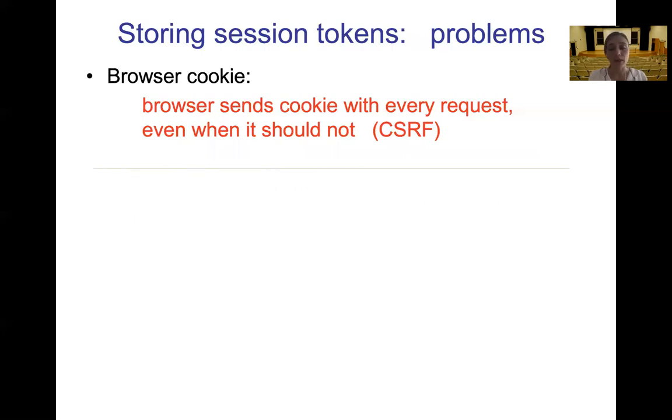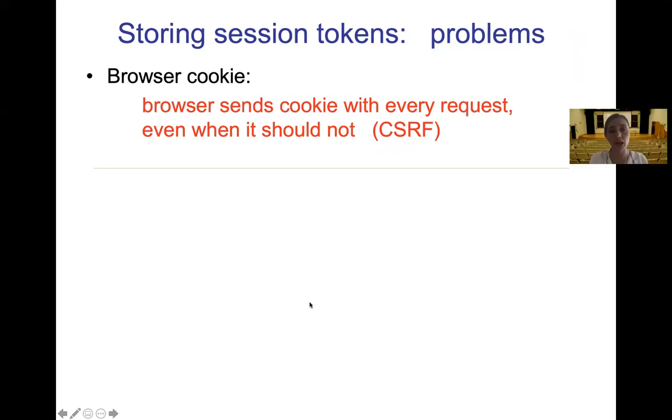Okay, but how about embedding the session token in the URL? Can anybody see a problem with this? So again, we want to embed the session token in the URL. Do people see any problem with this? Anybody want to raise their hand or write on chat?